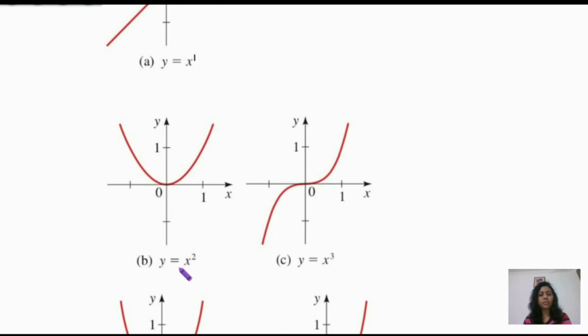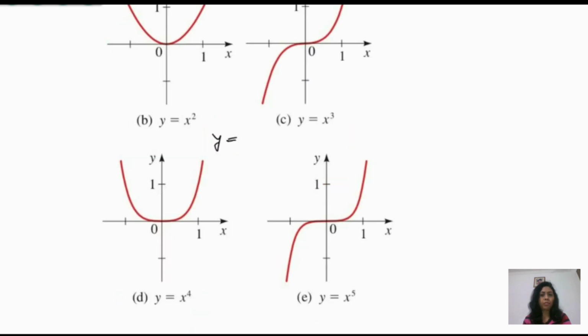If the function is y equal to x squared, we get a parabola, and y equal to x to the power 3, cubic, gives this type of graph. If y equal to x^n and n is even, the graph is in the shape of a parabola. And as the even number increases, the graph is flatter around the origin and steeper elsewhere.